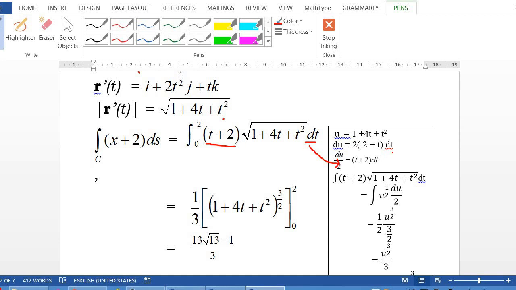You notice that you want t plus 2 dt only, and t plus 2 dt will be du over 2.